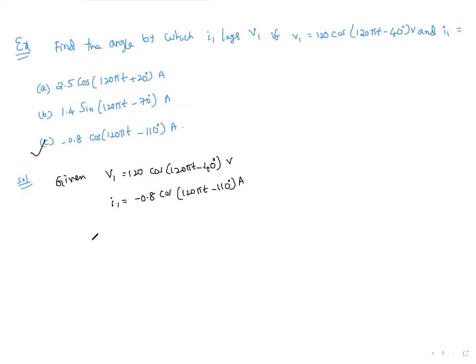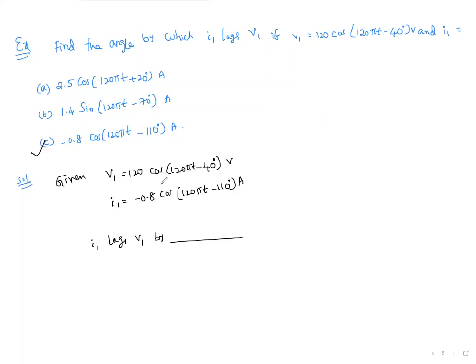So I need to fill this blank: I1 lags V1 by dash. In order to compare I1 and V1, I need to have both either cos or sine. Then I can compare the angles, how much it is leading or lagging.